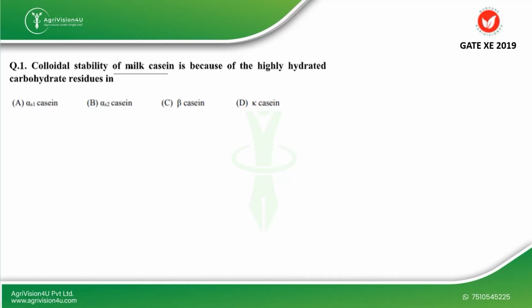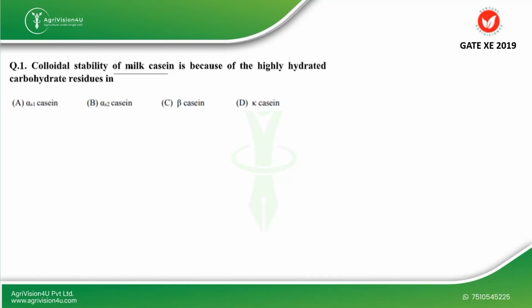Basically, the hydrophobic region interacts with the interior of the casein micelle, while the hydrophilic region extends outward and interacts with the surrounding water. So this structure helps to stabilize the casein micelle by preventing aggregation and precipitation.